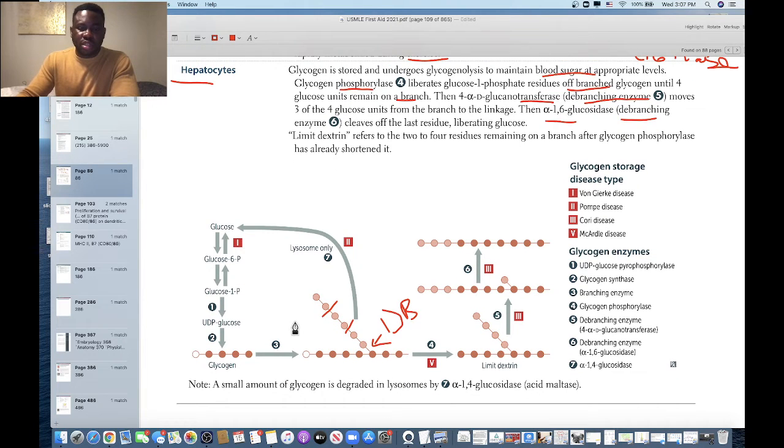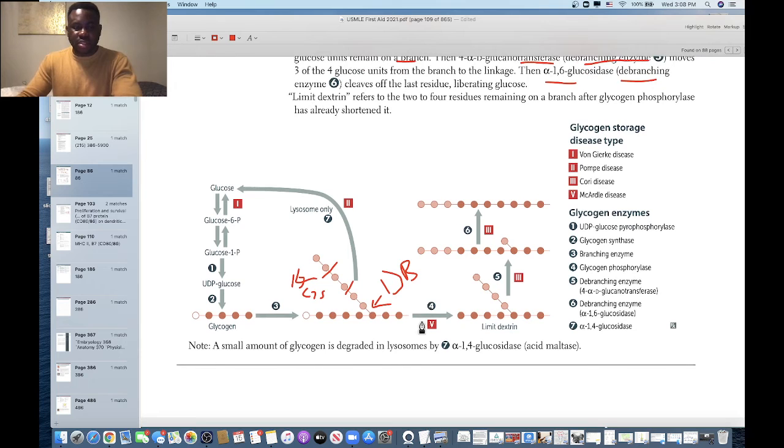It's 1,4-glucosidase. We will see that later, so that we appreciate it. That is the enzyme that is breaking it down. So here 1,4-glucosidase will break here down. But when we reach here, the debranching enzyme will do that. So that's a simple analysis.